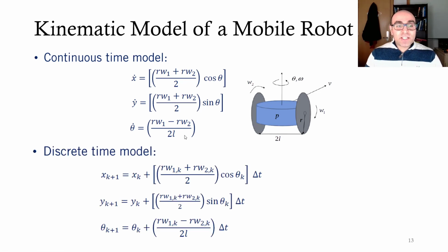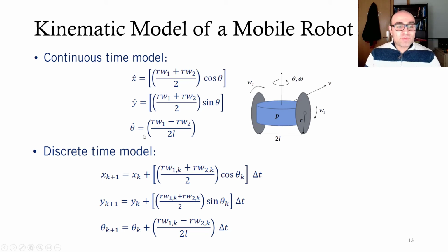Finally, in practice, we usually don't use continuous time models because we are using microprocessors and everything will be sampled and discrete. We prefer a discrete time model. We will come back to discrete time models. If you don't have the 487 digital control course, don't worry, we will talk about it here.